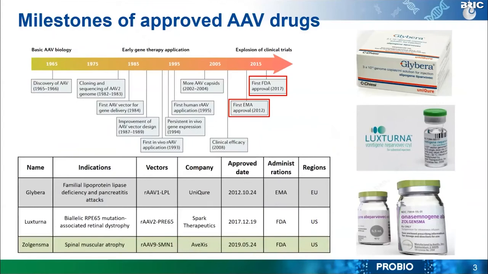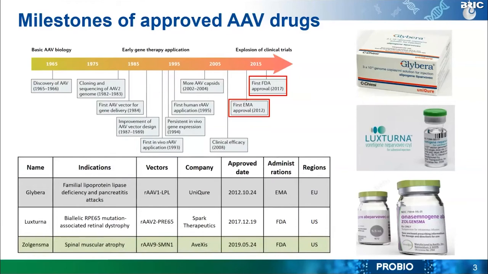Here, I would like to talk about the milestones of the approved AAV drugs. AAV was first discovered as a contaminant of adenovirus preparation in 1965. After a few decades, AAV is used in clinical trials.